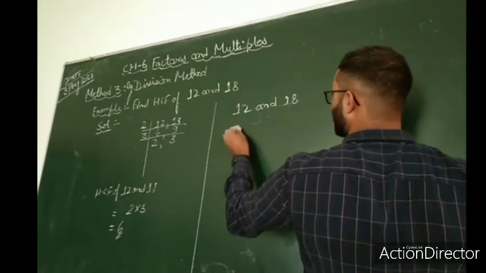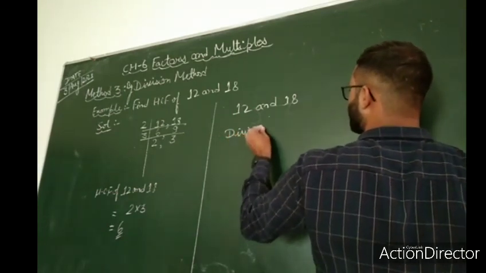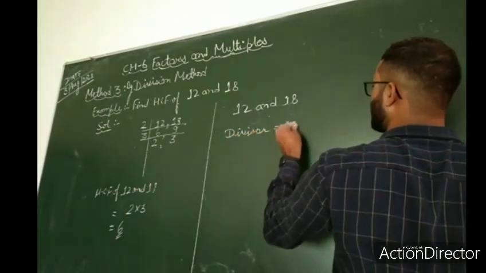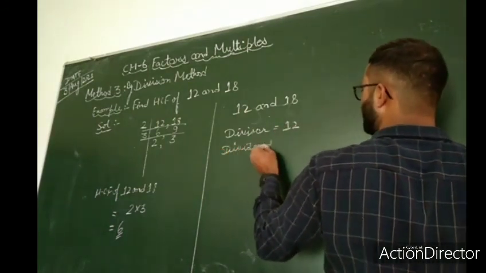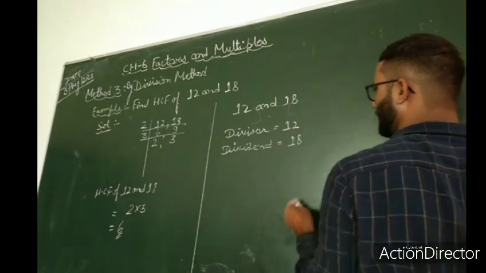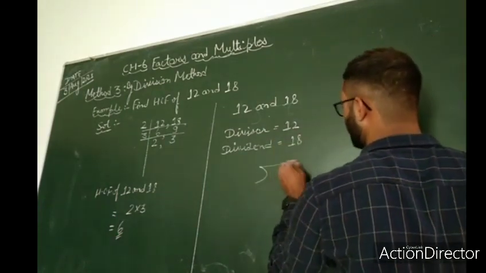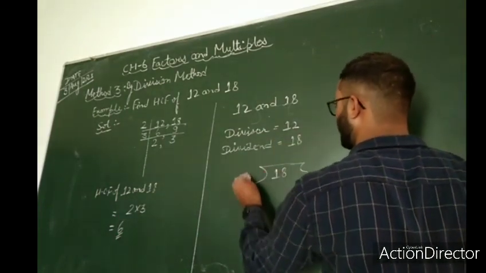We take divisor equal to 12 and dividend equal to 18. Now we divide 18 by 12.